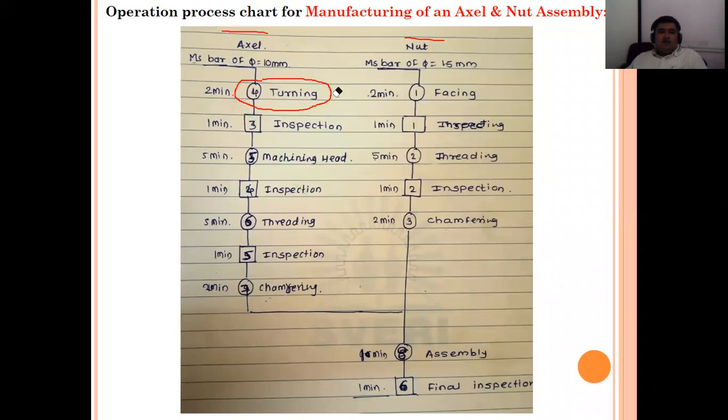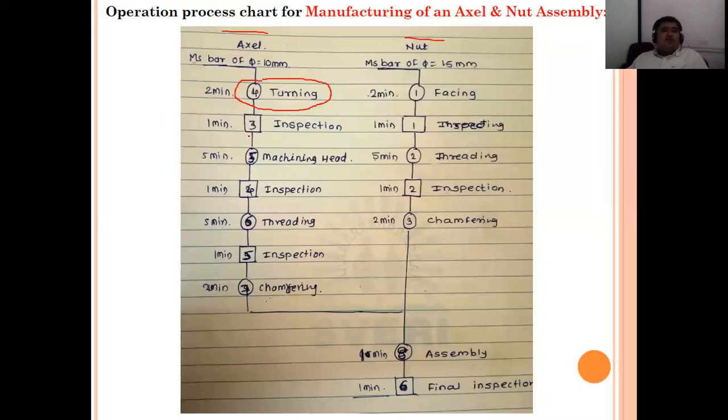Okay. So turning operation is there. What does the turning operation tell me? It tells me that the operation is ongoing, so the turning operation is represented by the circle. After that operation, a box is there. Whatever number is written in that box, we will see later.